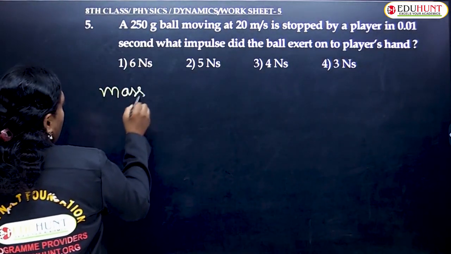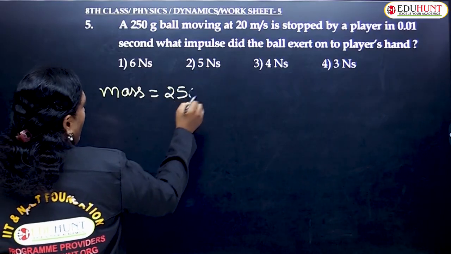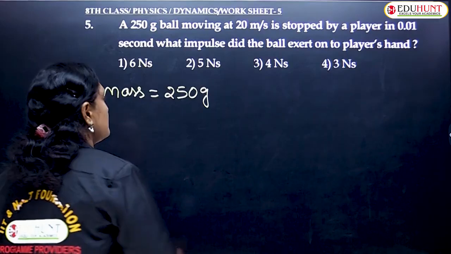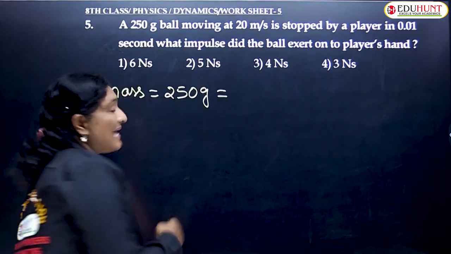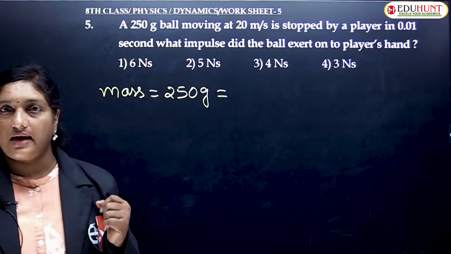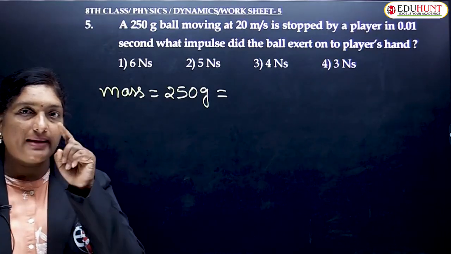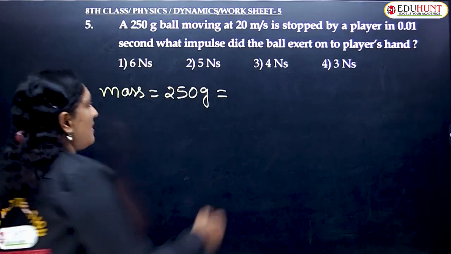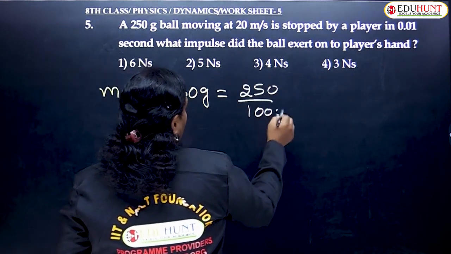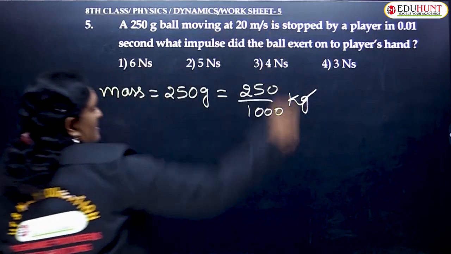Mass is given as 250 grams, but the options are given in Newton second, the SI system. So let us convert to the SI system. 1 kg is 1000 grams, so 1 gram is 1 by 1000 kg. So 250 grams is 250 by 1000 kg.